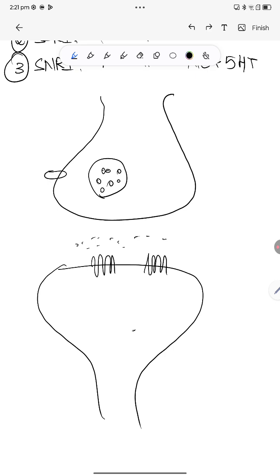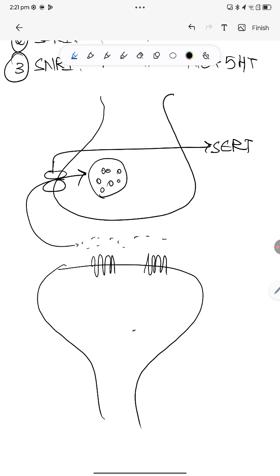They include SERT, the serotonin reuptake transporter, which primarily inhibits the reuptake of serotonin, as well as another transporter which is primarily used for the reuptake of norepinephrine.